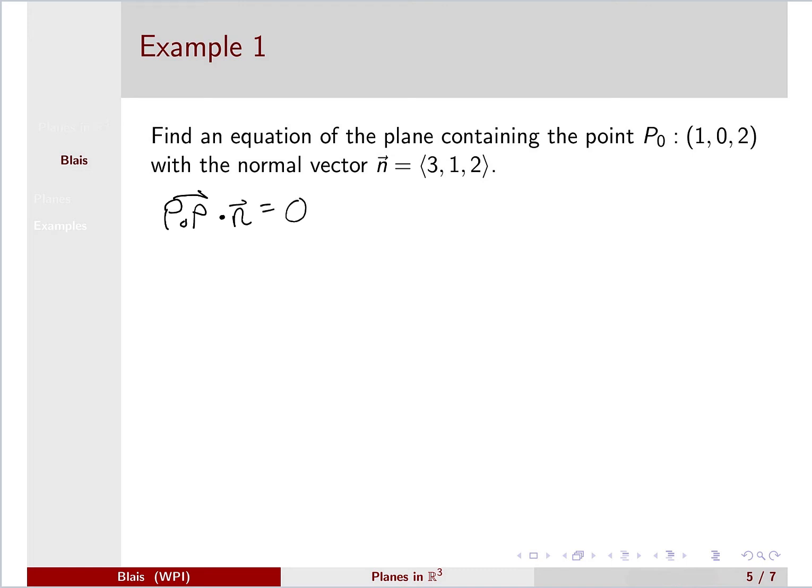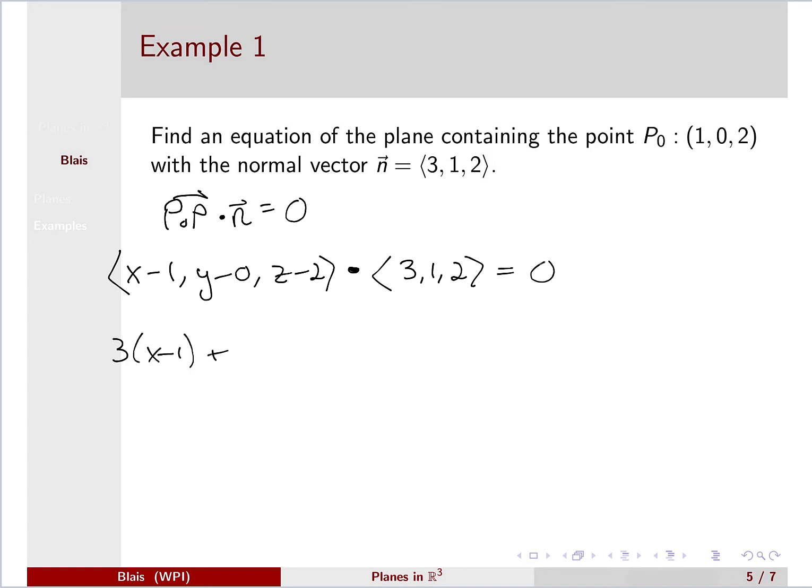And our P0P is x minus 1, y minus 0, z minus 2, dot product with that normal vector equals 0, which gives us 3 times the quantity x minus 1 plus 1 times the quantity y minus 0 plus 2 times the quantity z minus 2 equals 0. And there is the equation of our plane.